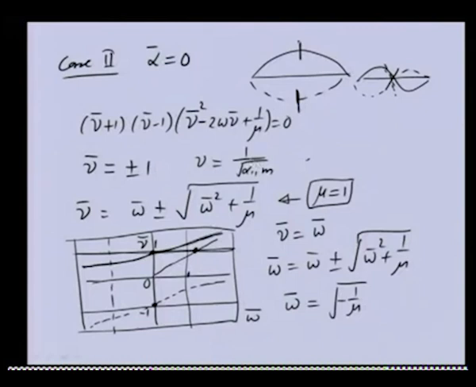Similarly, if we draw this side, we will have intercepts here and here. The solution I am talking about is the intersection of this curve and this line. Because it is coming out imaginary, it will never intersect. So we will have 4 critical speeds: 1 this one, 2, 3, and the 4th will not be a feasible one. This will be more clear once we plot the frequency for the general case.